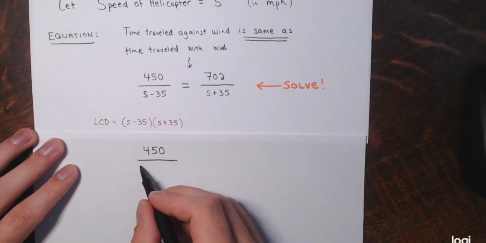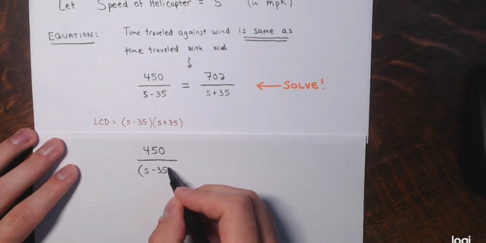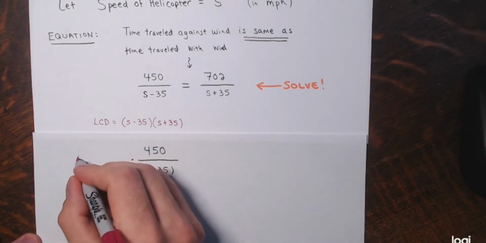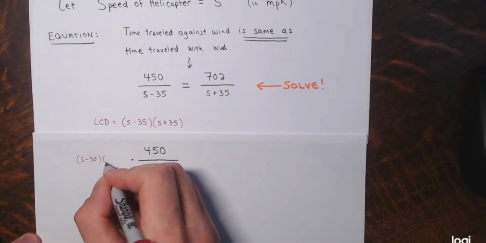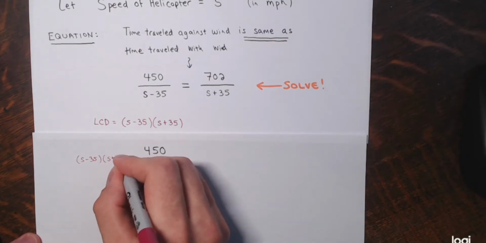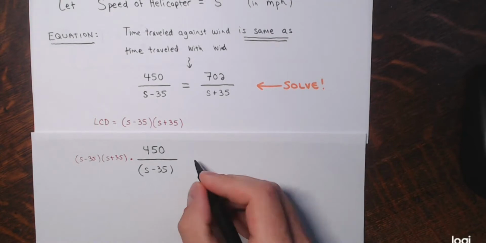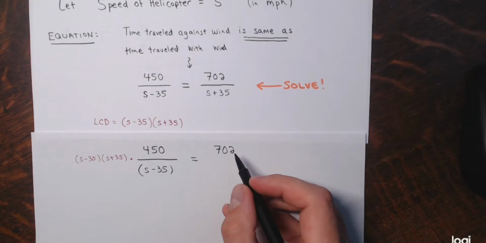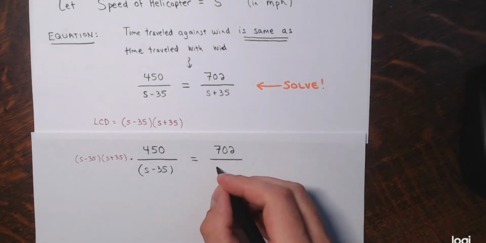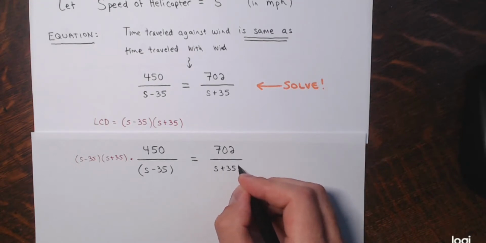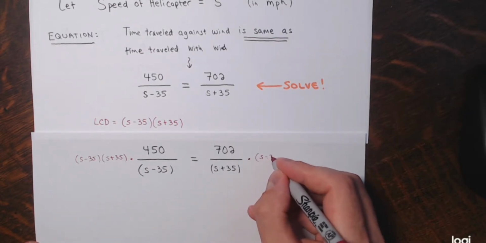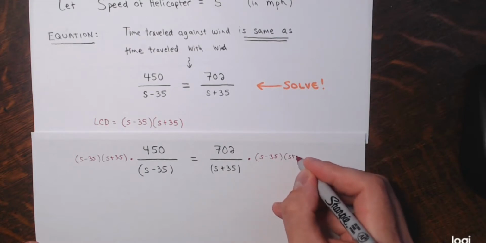So on the left side I have 450 divided by s minus 35, and this is getting multiplied by the LCD, s minus 35 times s plus 35. And same thing on the other side, we have 702 divided by s plus 35, also getting multiplied by the LCD, s minus 35 times s plus 35, right?